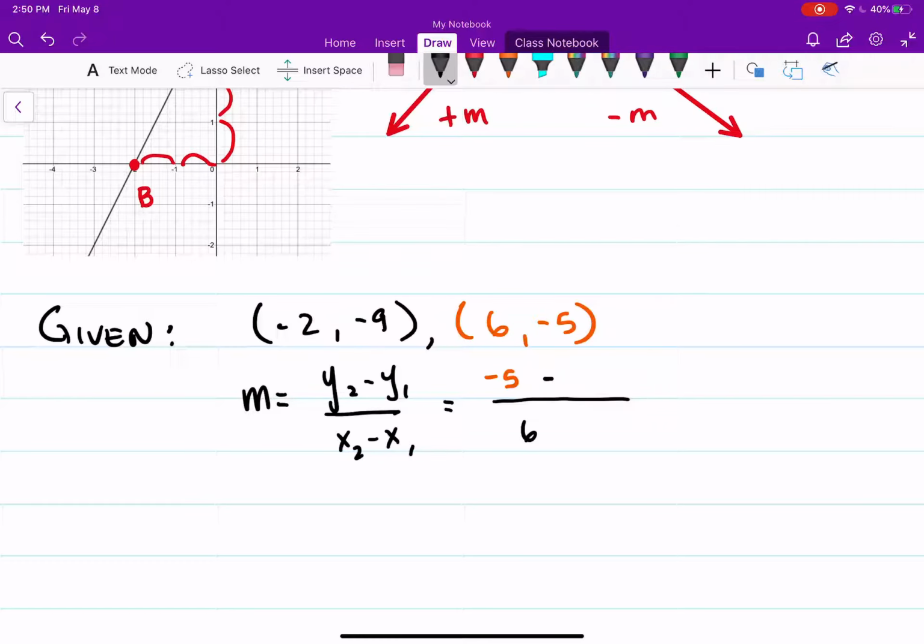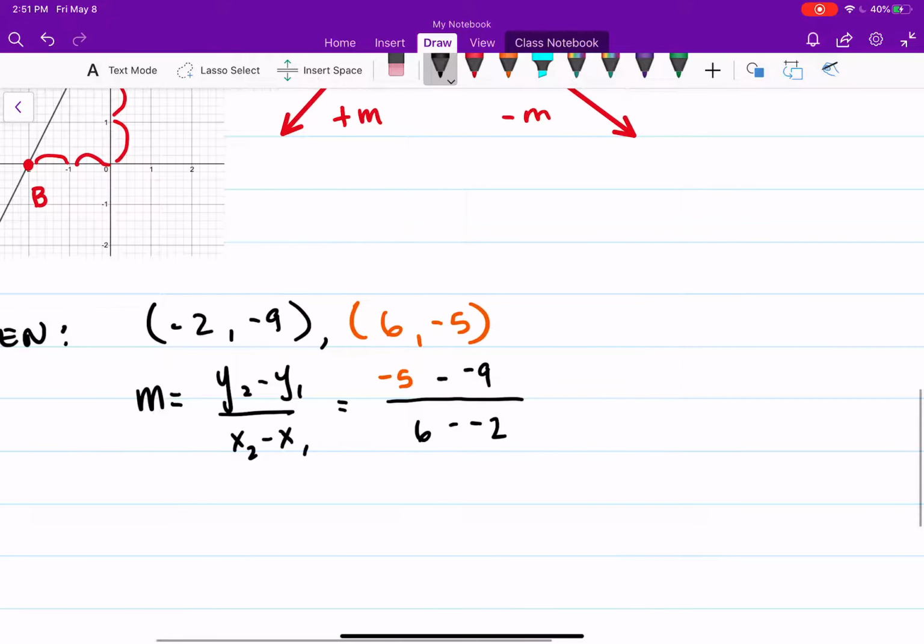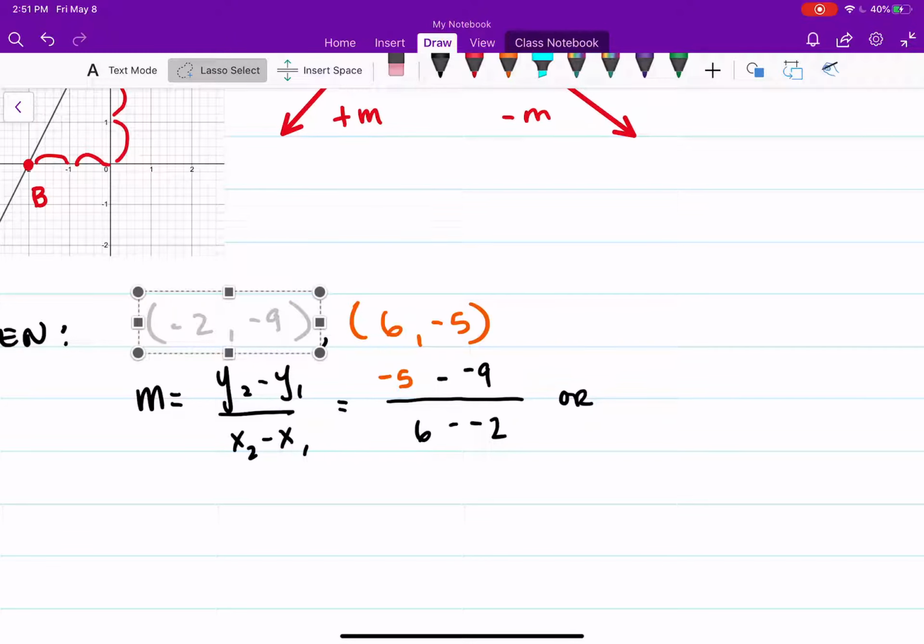And then minus -9 here and -2 here. Okay? Or, you know what I should do? I should make that green. So that means I need to make this green, this green, and this orange. Here we go.